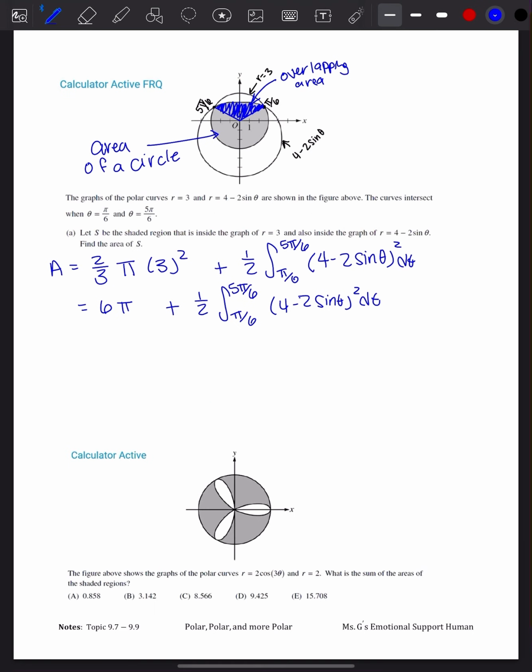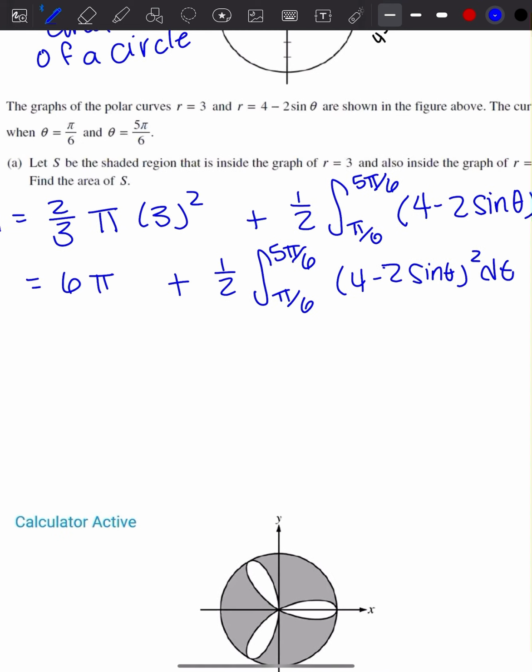Okay, one of the things you may notice is it says calculator active FRQ, which means that they would be expecting you to plug this in and find a singular answer. So we would plug in 6 pi and add this area over here, so 1/2 times the integral from pi over 6 to 5 pi over 6 of the quantity 4 minus 2 sine of theta all squared d theta.